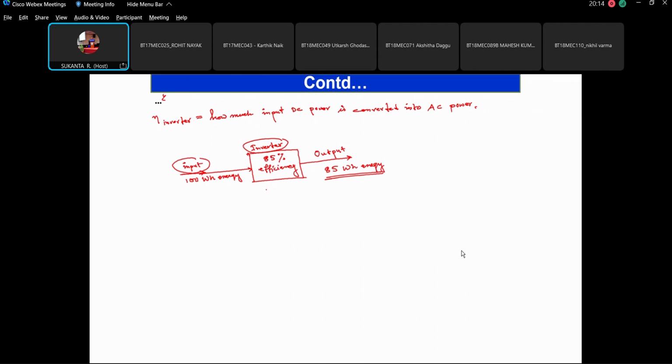So there is a 15% energy loss while converting from DC power to AC power.